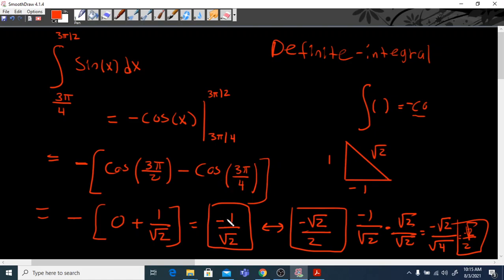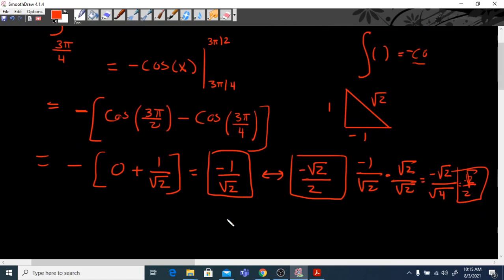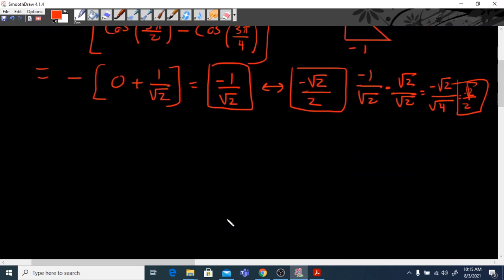Let's look at the graph just to see if this makes sense.